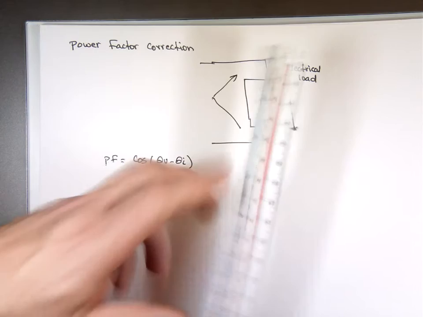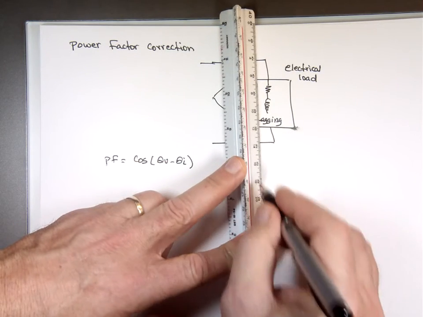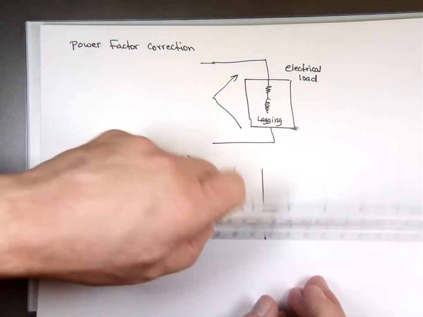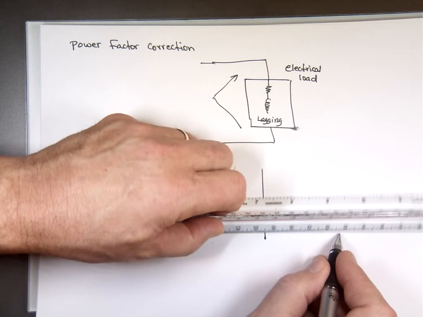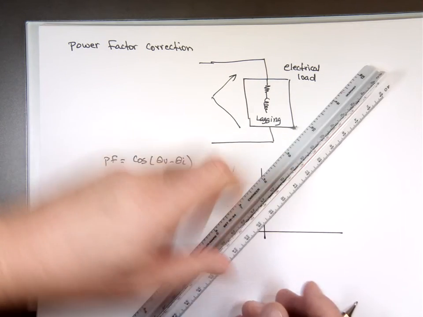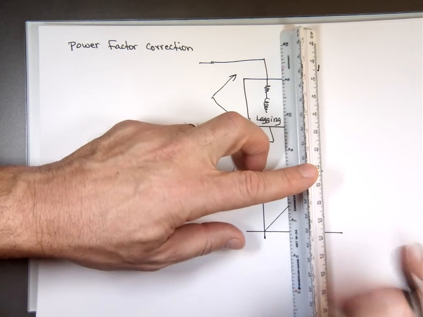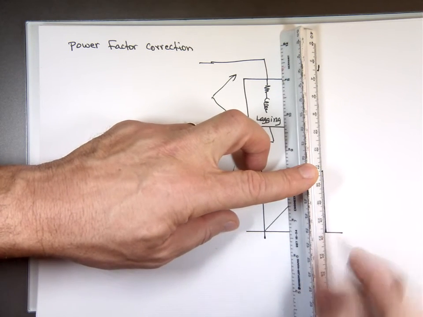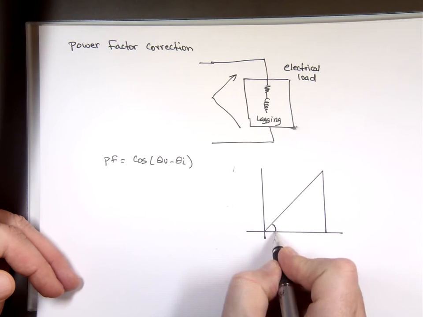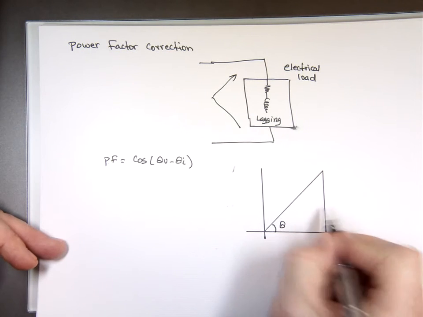So if you're looking at a complex number and you have a power factor, for example, of 0.8, then you know what that angle is. If you have a lagging power factor, that means your angle is positive. This is theta. This will be a lagging power factor.